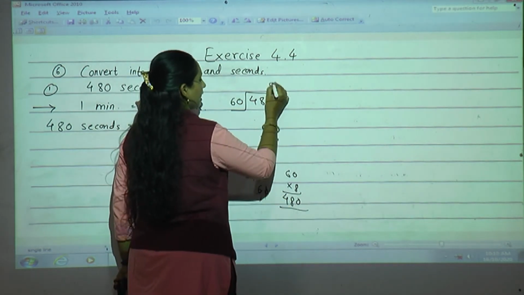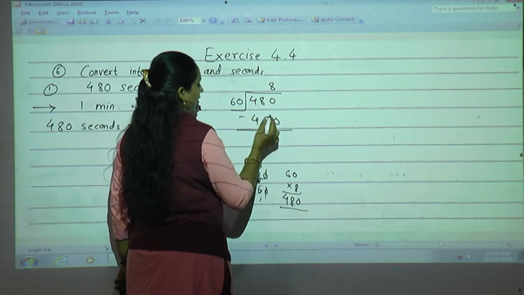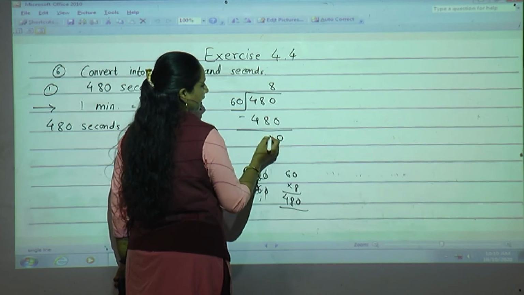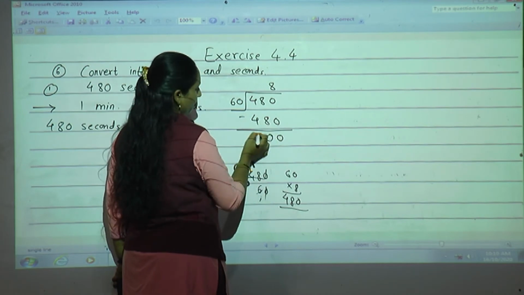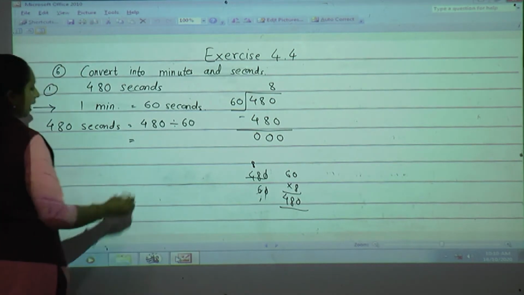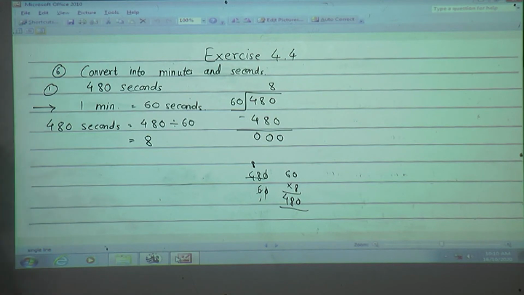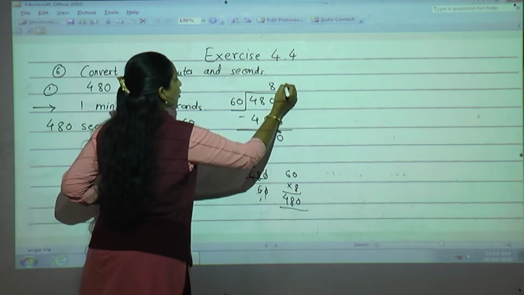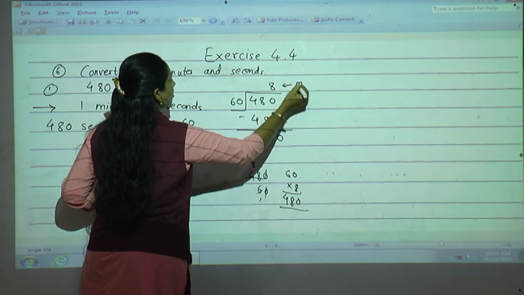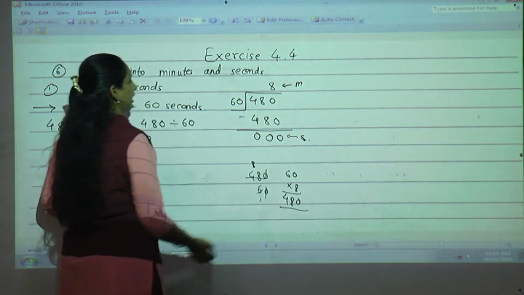So 60 8s are 480. Do the subtraction. 0, 8 minus 8, 0, 4 minus 4, 0. So what is the answer here? 8. 8 is what? Minutes. See, we are doing conversion of seconds. So this is minutes, and whatever will remain, that will be seconds.